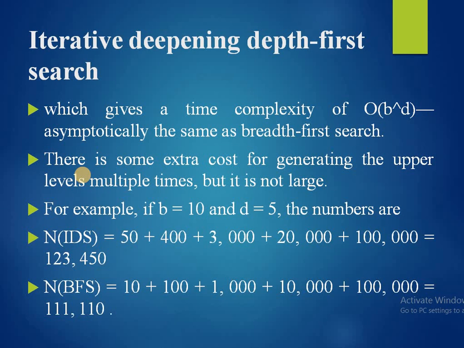And that of breadth first search, N of BFS, is equal to 10 plus 100 plus 1000 plus 10,000 plus 1 lakh, which is equal to 1,11,100.